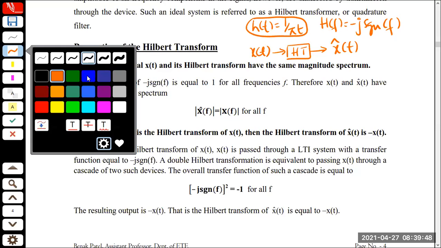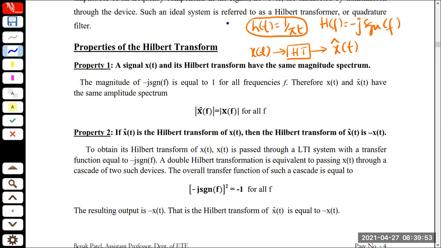The only thing is we are trying to speak the same thing in two different domains. This h of t is in time domain, and this part, the transfer function h of f, is the same thing, but it is in frequency domain. That's the only change. We are trying to refer to the same person by using two different names.